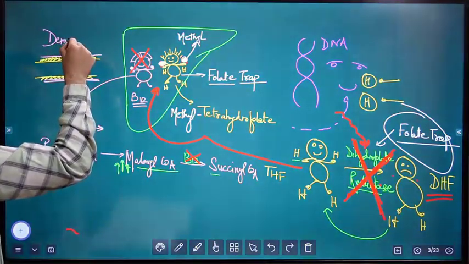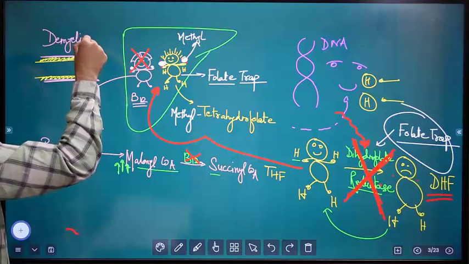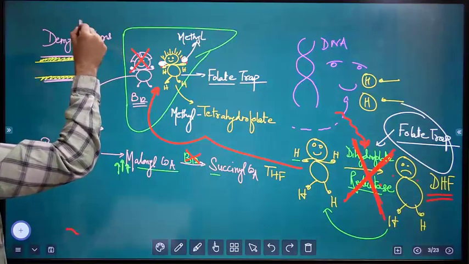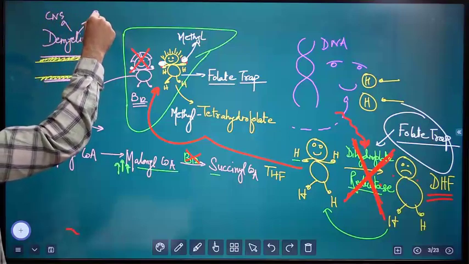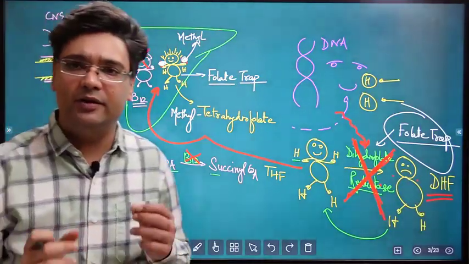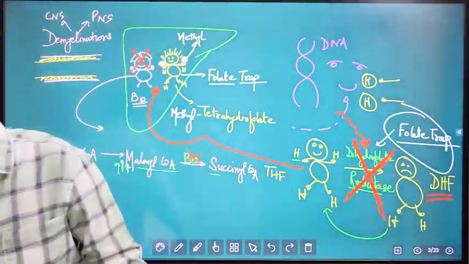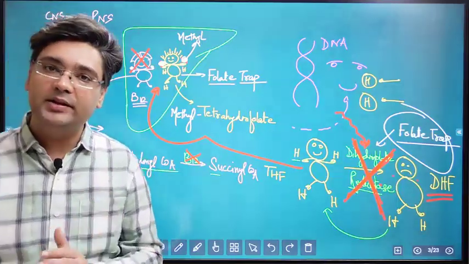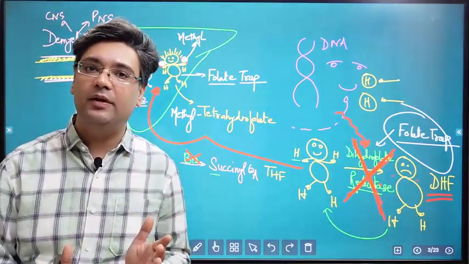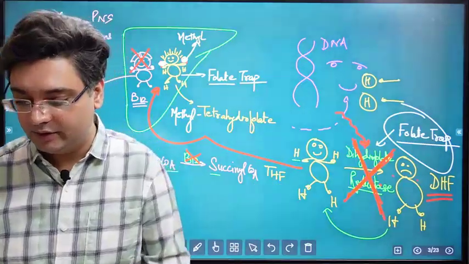This demyelination can happen in the central nervous system, and it can happen in the peripheral nervous system. It can happen both ways, and mind you, this is permanent damage. Once this damage happens because of B12 deficiency, it is irreversible.